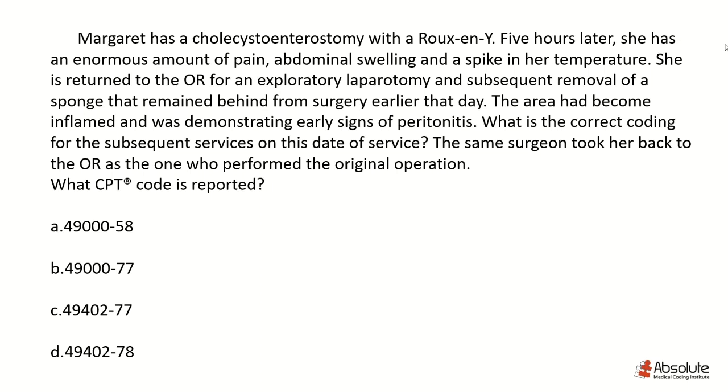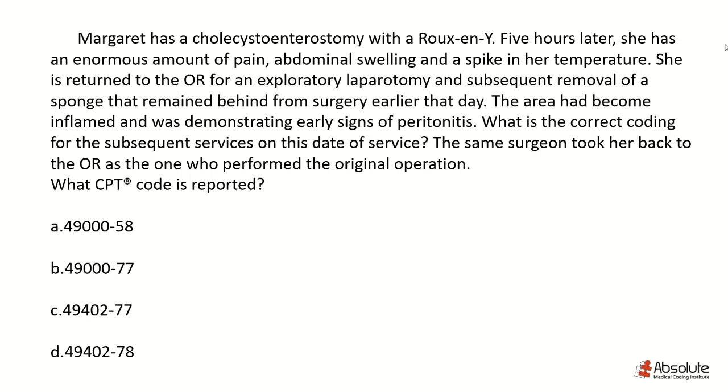Okay, we have A, 49000 modifier 58; B, 49000 modifier 77; C, 49402 modifier 77; D, 49402 modifier 78. Margaret has a cholecystoenterostomy with a Roux-en-Y. 5 hours later, she has an enormous amount of pain, abdominal swelling, and a spike in her temperature.